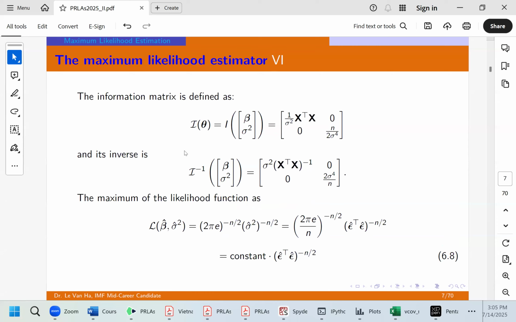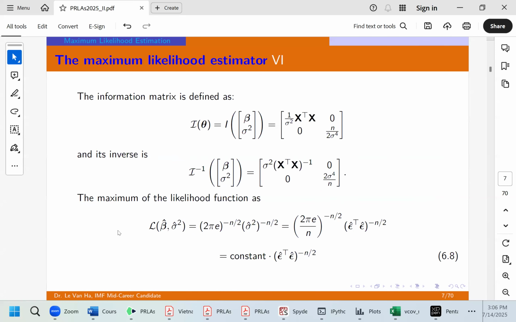But basically, what I want to do is, at the maximum point, the likelihood function is evaluated and could be shown to be equal to this one. So this is what you have from the log likelihood function.